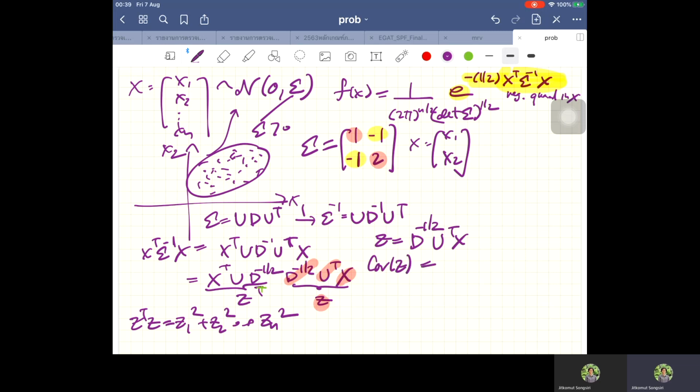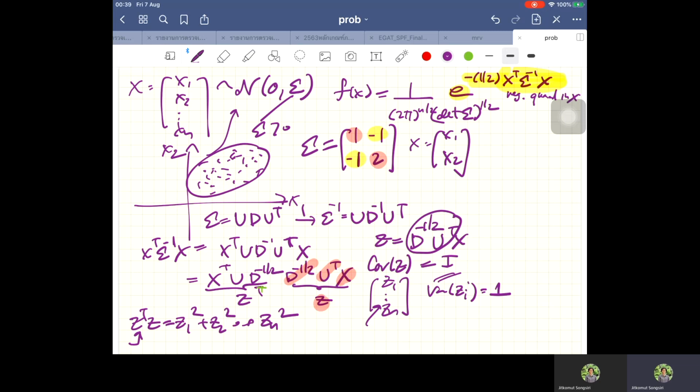Of course, you should be able to verify that the covariance of Z is I, because this is the transformation that we have discussed before, the affine transformation that decorrelates X and also normalizes the variance of X. So if the covariance of Z is identity, it means that all the entries Zi are uncorrelated, and the variance of Zi is also 1.